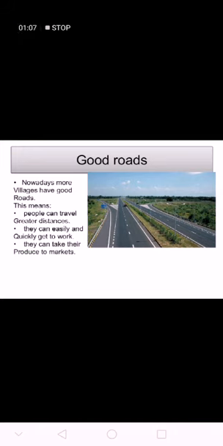So good roads help people to travel to far places, to go to their work quickly and easily, and to take their production to markets, sell it and come back to their houses.